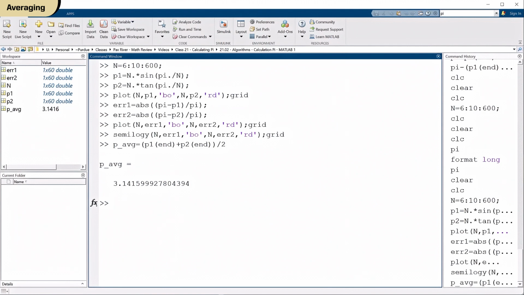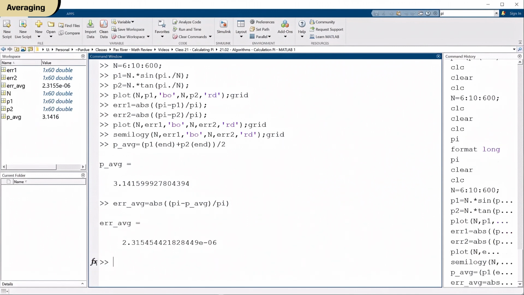3.1415999. Okay, that's not right, but it's closer. Well, is it? Let's do this. Okay, we've got a number now.